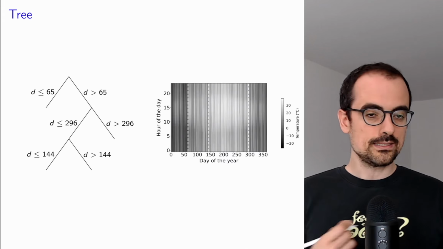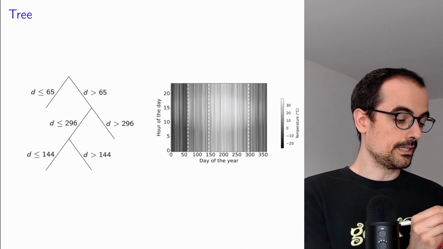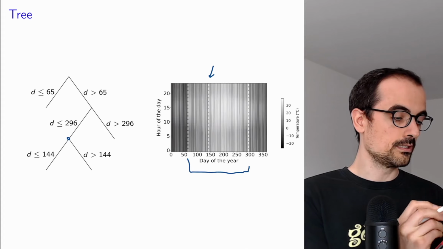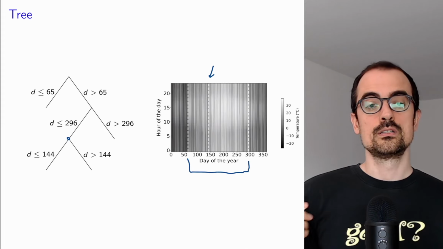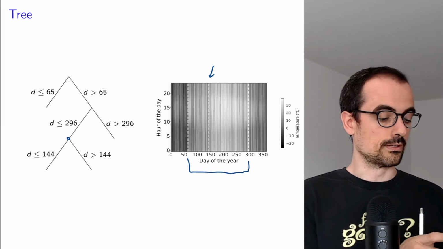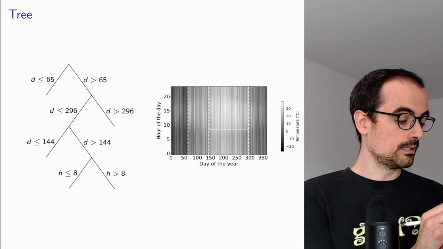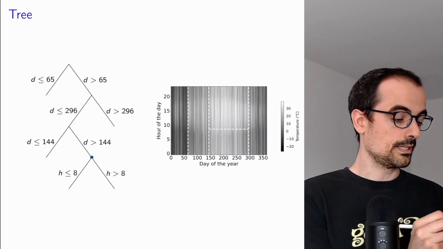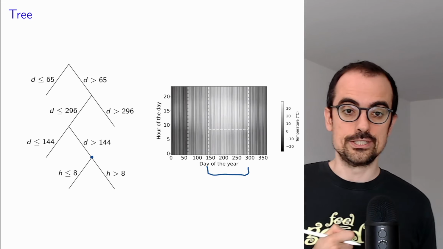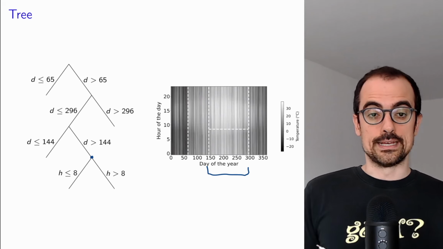Again, we split according to the day, and we're splitting this region here according to whether the day is below 144 or above 144. And finally, we split this region here according to the hour, the other feature, depending on whether the hour is above or below a threshold of 8.